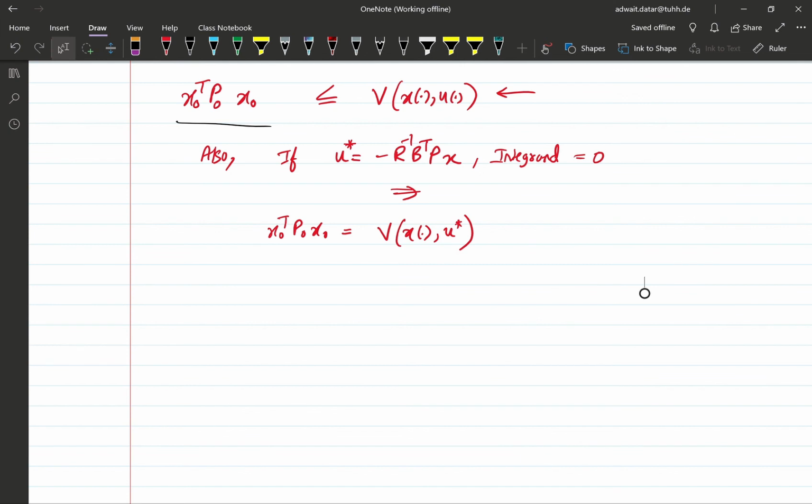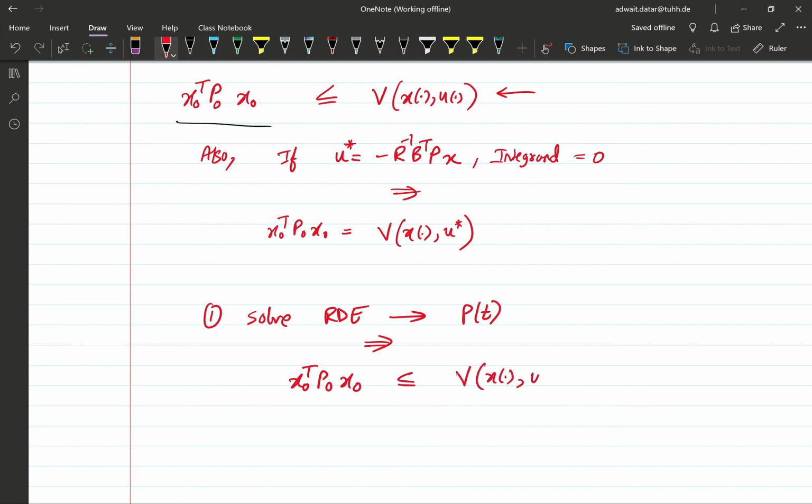So we have basically solved the LQR problem, in that if we first solve the Riccati differential equation to get a P of t, then we have a lower bound. This implies that we have a lower bound on our cost for any compatible trajectories x and u.